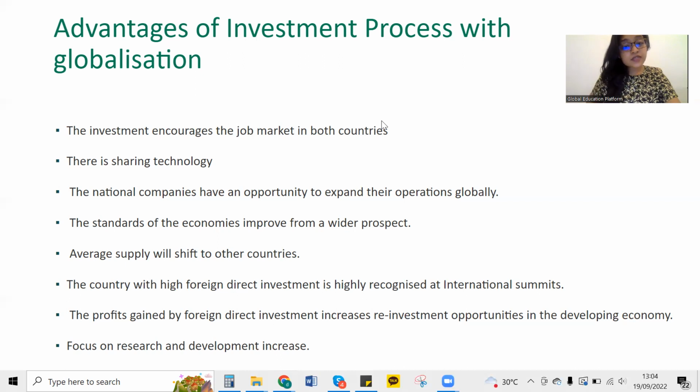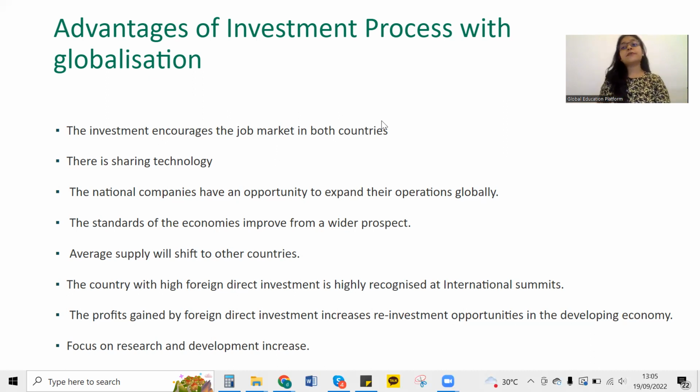And then the country with high foreign direct investment is highly recognized at international summits. Okay, why are they highly recognized? They're not talking about the country or the organization that is making the foreign direct investments, but the country with high foreign direct investments is highly recognized. Why? It's because of its resource factors. Why are the countries moving to a particular country? This mostly happens between developed and developing nations, right?